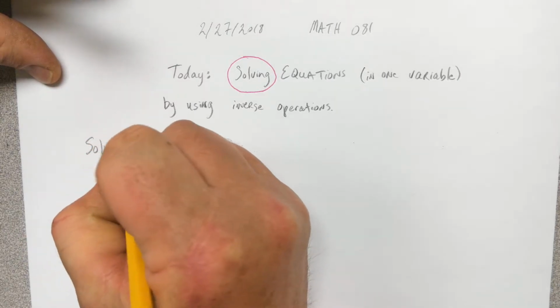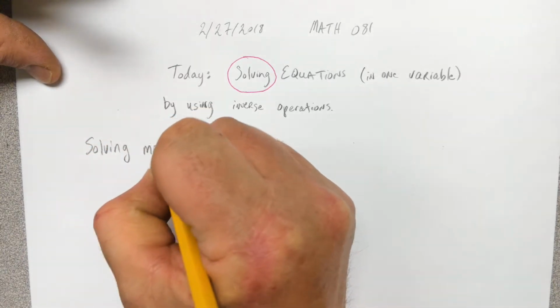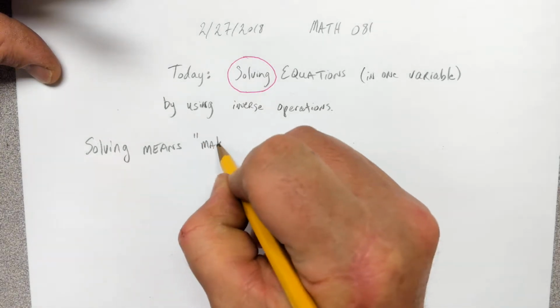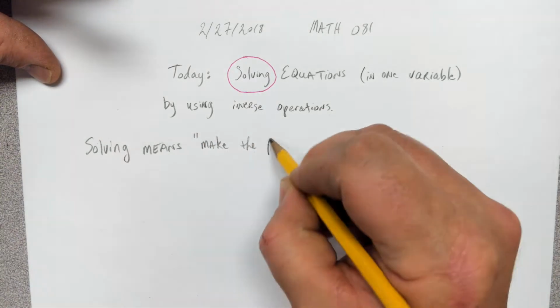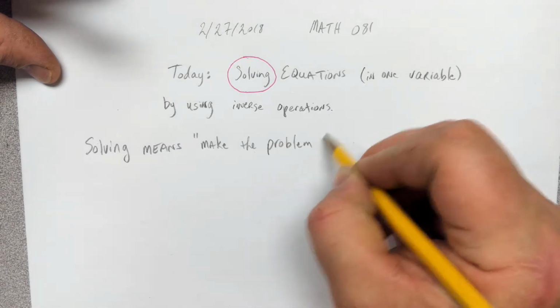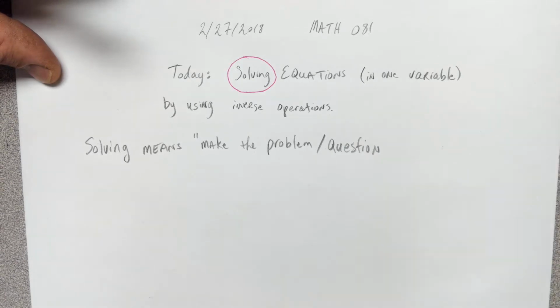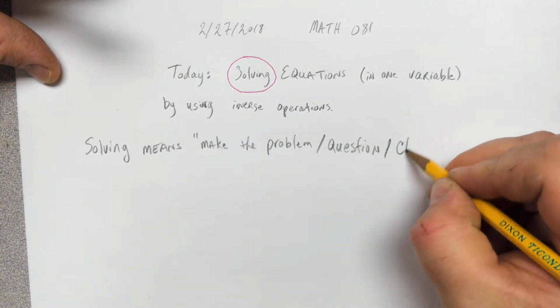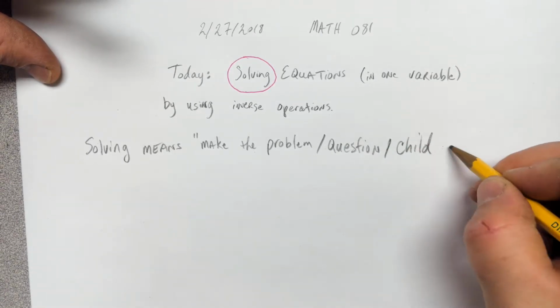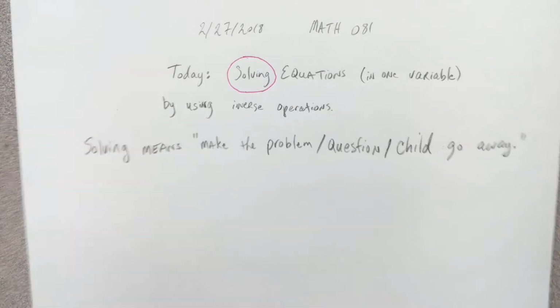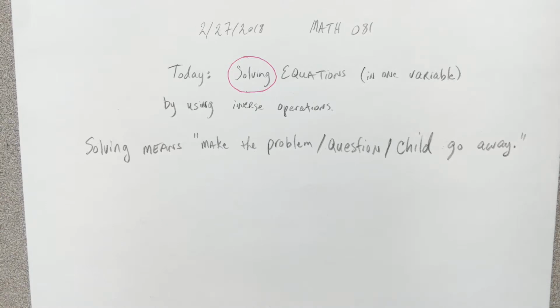Then it's not broken anymore, right? Outside of math, solving means to make the problem go away. To solve a problem means you make your problem go away. It's gone. It's not there anymore, right?